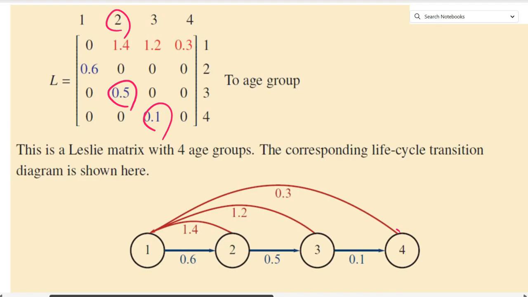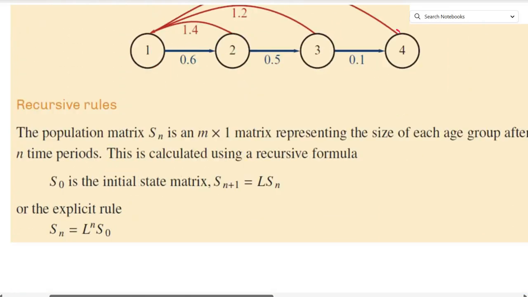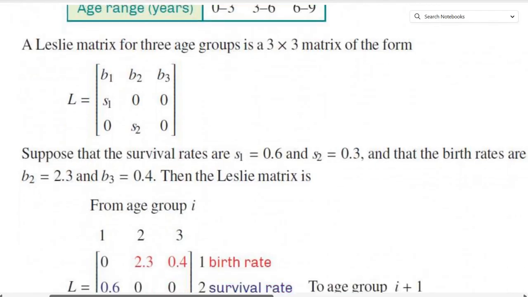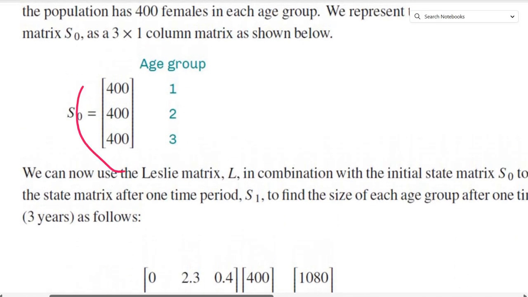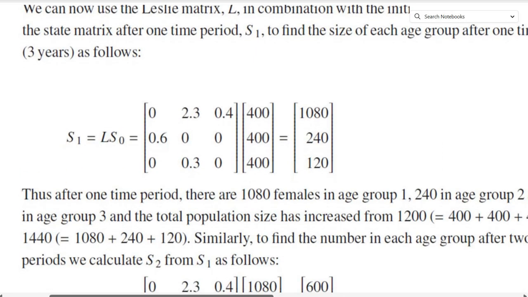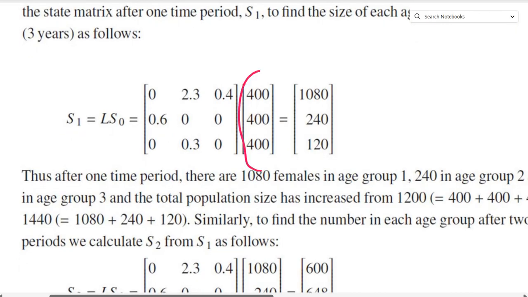So you can put this as a Leslie matrix, showing you the birth rates and the survival rates. And if you are given your initial state, like how many people you had at the start, you can figure out how many people there will be after a certain amount of time by multiplying your state matrix and your Leslie matrix together.